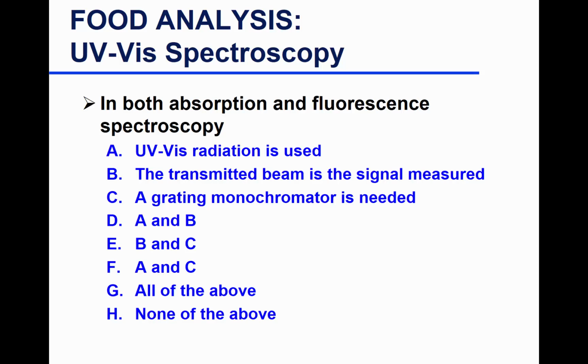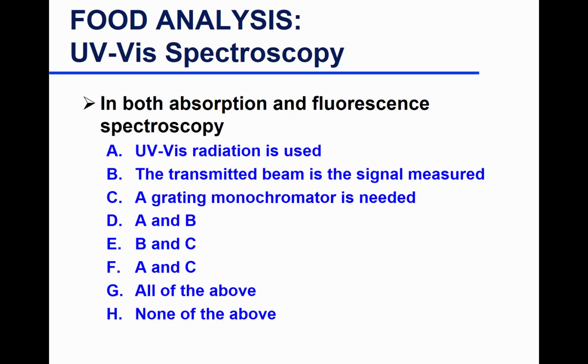Nick? Maybe A and C. Anybody else with a maybe answer? A guess answer? Okay. A and C is correct, but B is correct too. So in absorption or fluorescence, oh, actually not. Nick was correct. A and C, I just realized something.